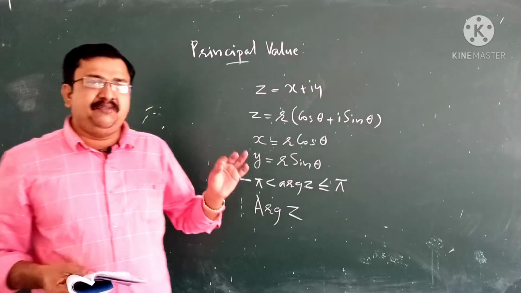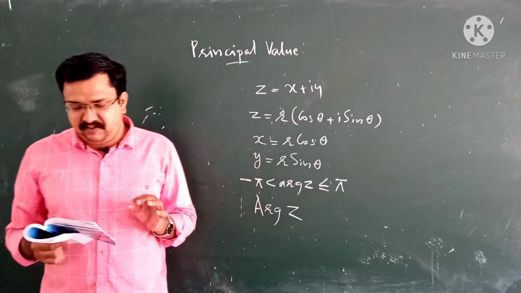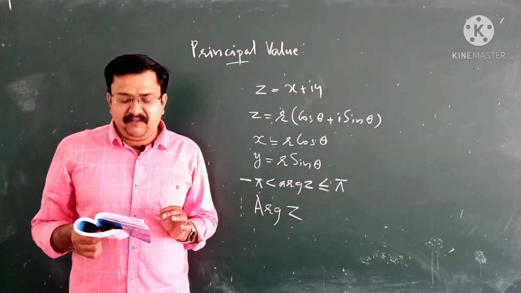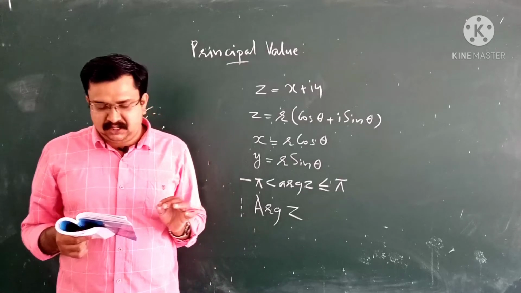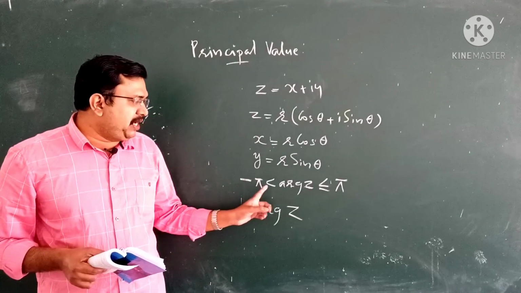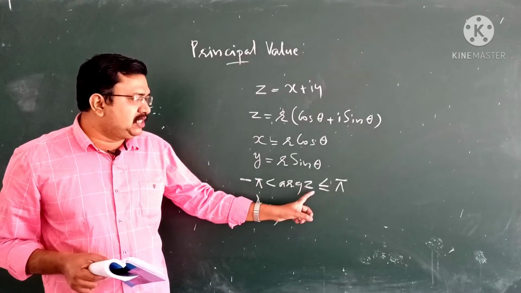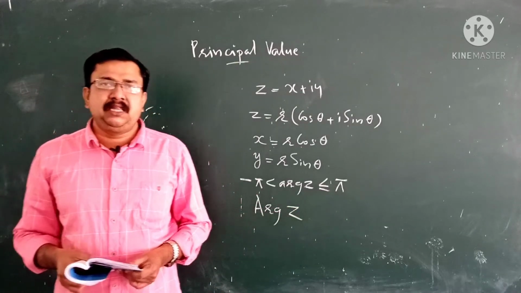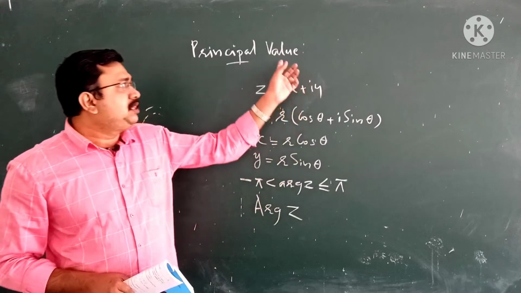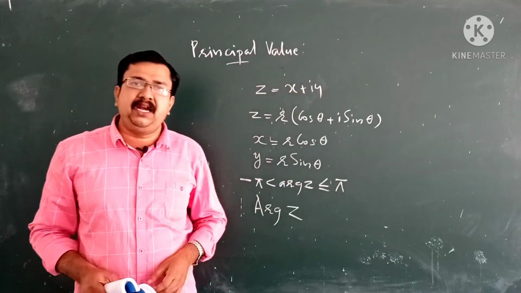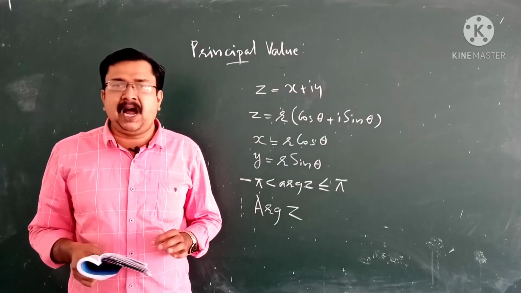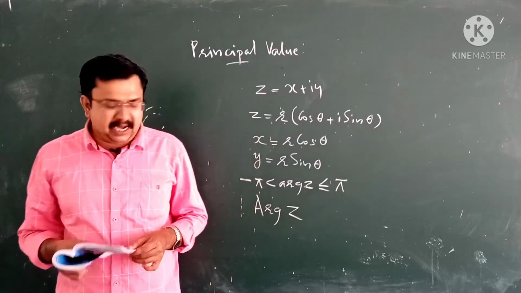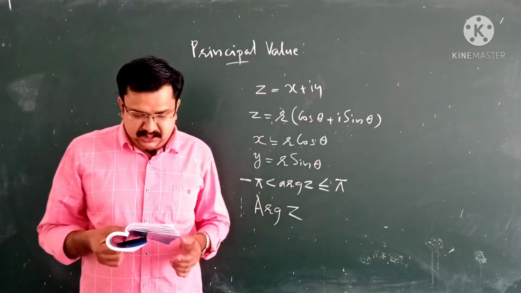If x equal to r cos theta and y equal to r sin theta, then this unique value of argument of z such that minus pi less than arg z less than or equal to pi is called the principal value. Its another name is principal amplitude of z and is denoted by arg z.